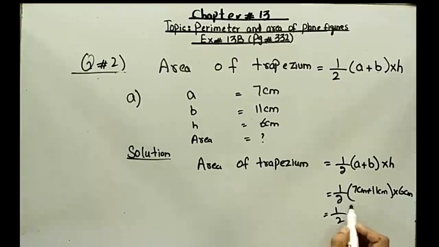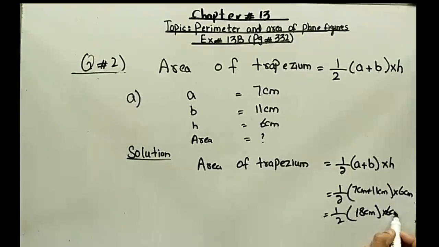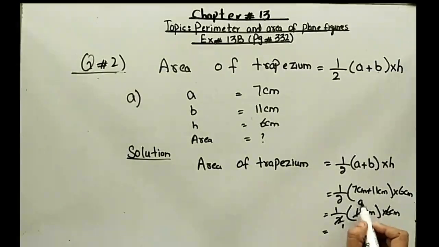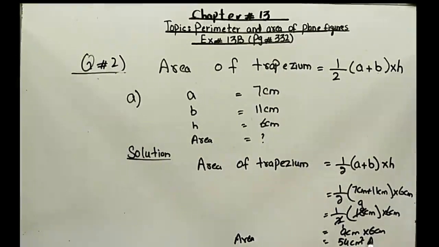So 1 by 2, 7 plus 11, what will be the answer? 18 centimeter multiplied by 6 centimeter. Then what will we do? We will divide first. 2 1s are 2, 2 9s are 18, so 9 centimeter multiplied by 6 centimeter. 9 multiplied by 6 is 54 centimeter square. And this is the area of the trapezium, and this is your final answer.